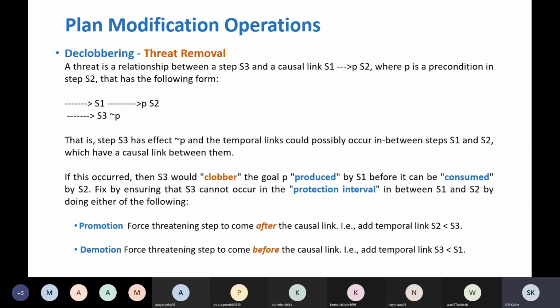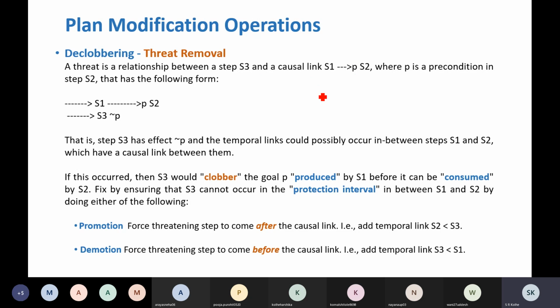Now, how to remove a threat? Threat removal is called declobbering. Before that, let us understand what is a threat. We will repeat again. A threat is a relationship between step S3 and a causal link S1 to S2.